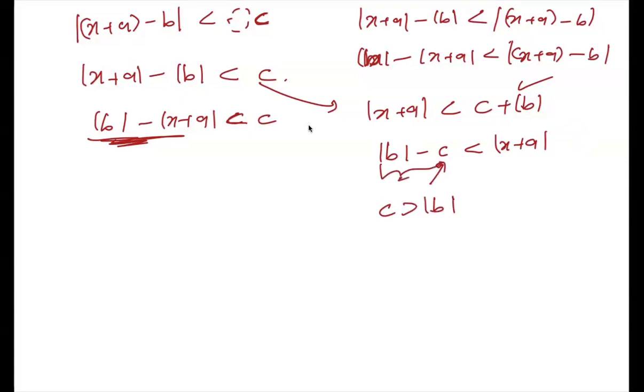Then this value becomes negative, and this inequality becomes meaningless. If you need a meaningful inequality to solve your problem, it's always good to pick C less than |B|, right? Okay, that's fine. Is it clear?